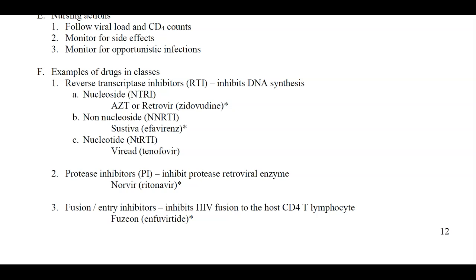Then you have your protease inhibitors or PIs that inhibit the protease retroviral enzyme, and you have your fusion entry inhibitors, which inhibit the HIV fusion to the host CD4 T lymphocyte. The reverse transcriptase inhibitors include efavirenz, zidovudine, and efavirenz. Under PI or protease inhibitors, we have ritonavir. Under fusion entry inhibitors, we have enfuvirtide.